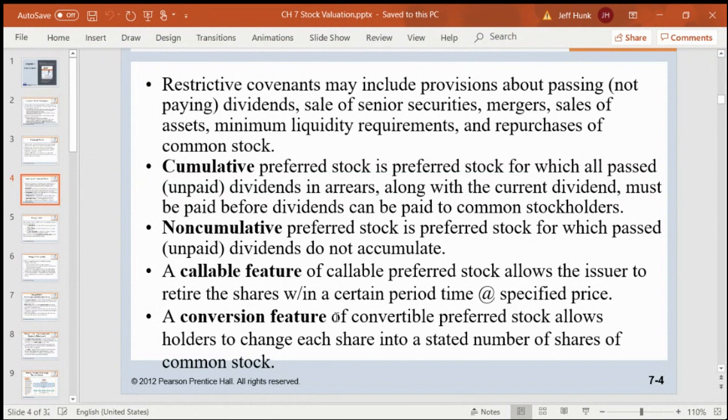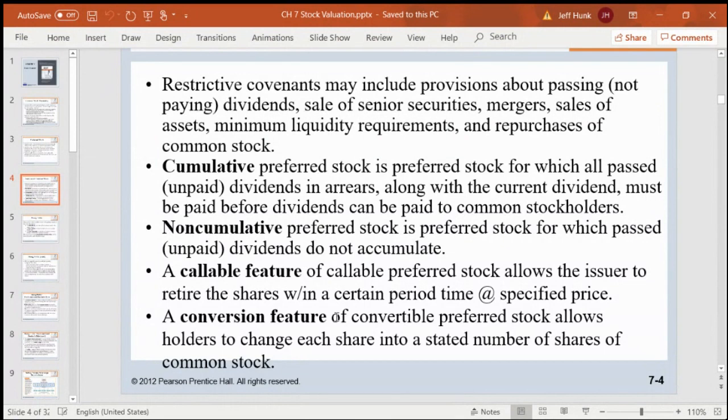So anyway, that's cumulative. And non-cumulative preferred stock means the past dividends, or the skipped dividends, are not paid, right? They are just simply gone, just like common stock. Either way, the common stock cannot be paid until preferred stock dividends are paid first, okay?